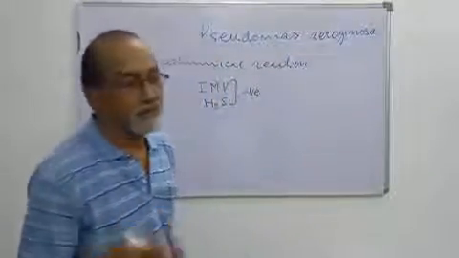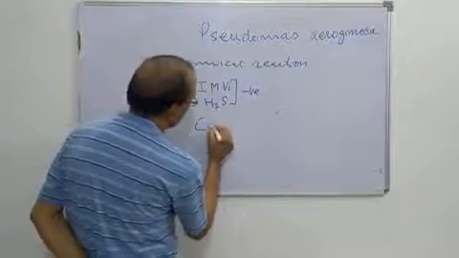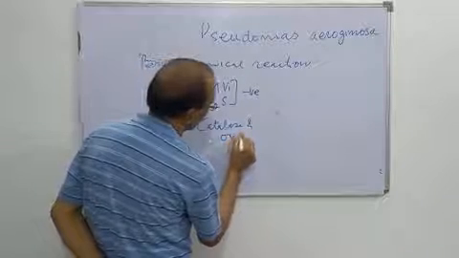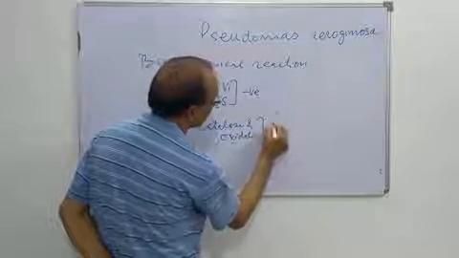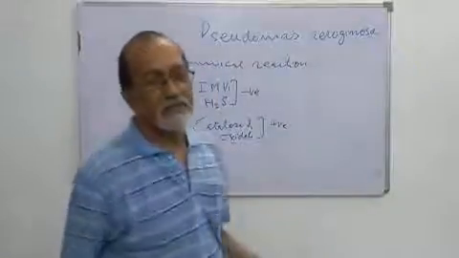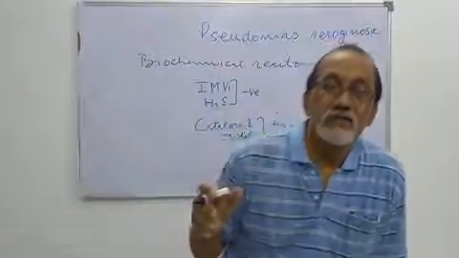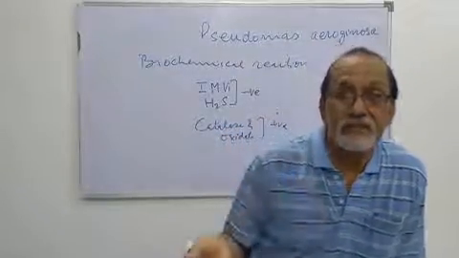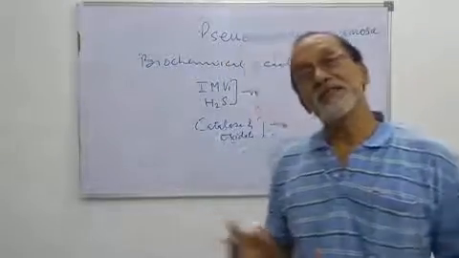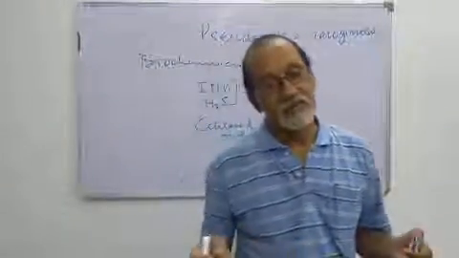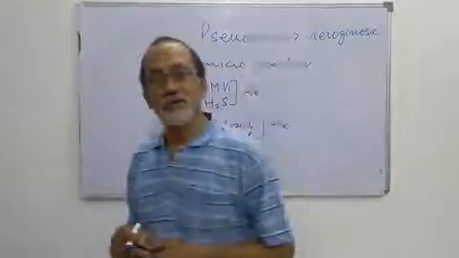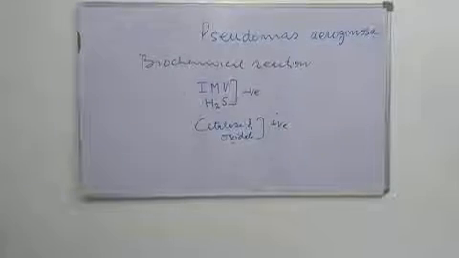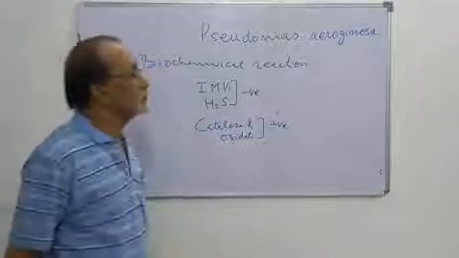Catalase and oxidase are positive. It reduces nitrates to nitrites and further to gaseous nitrogen. This is all about the biochemical reactions of Pseudomonas aeruginosa.